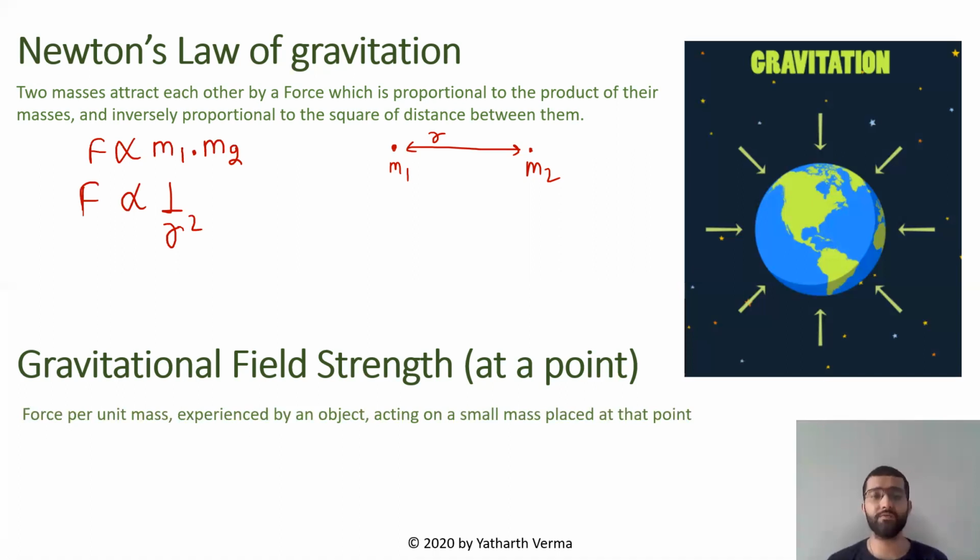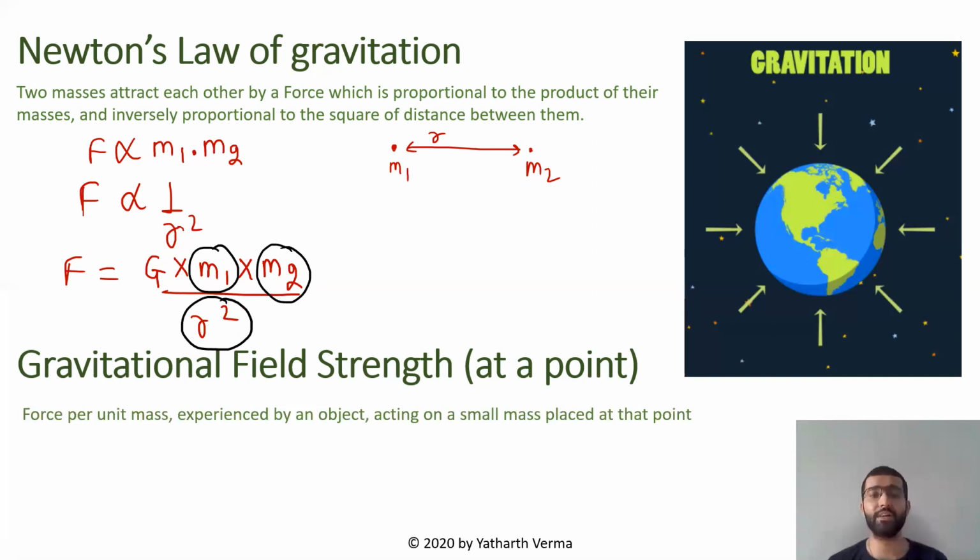Now, to remove the proportionality sign, to bring an equal to sign, I need to introduce a constant, right? So my equation becomes F = G m1 m2 / r², where m1 is the mass of one of the objects, m2 is the mass of the other object, and r is the distance between the objects, not any radius, right?